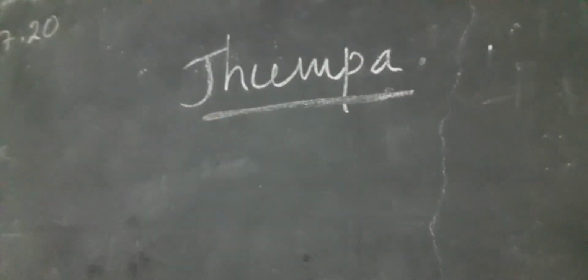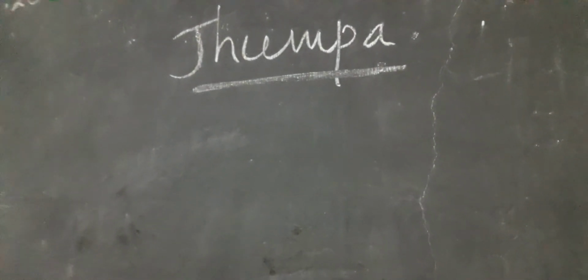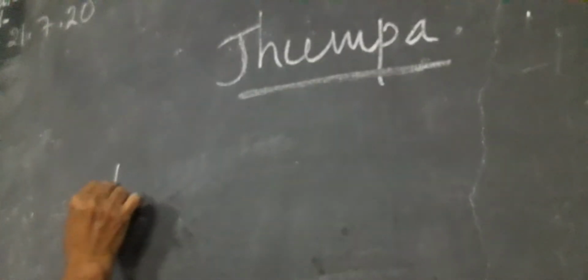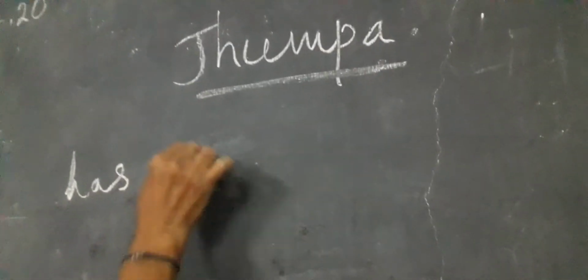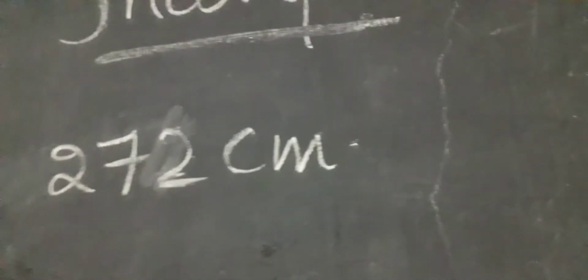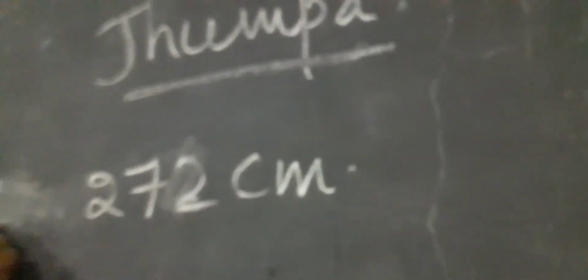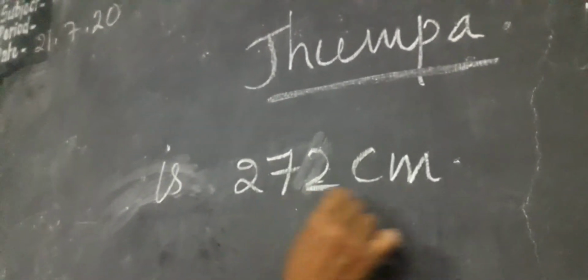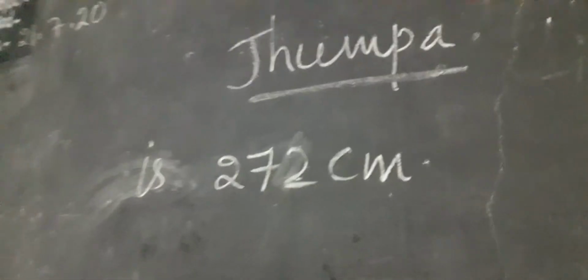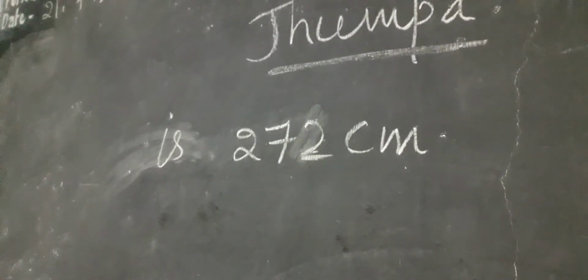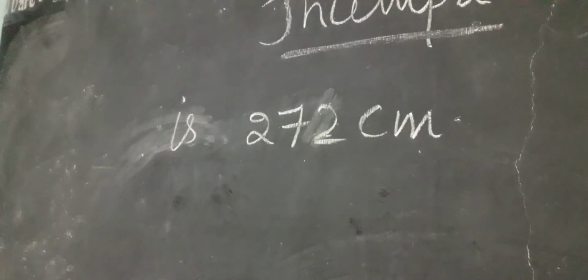Now there is one girl called Jhumpa. She read about the tallest person, who is 272 centimeter tall. The tallest person is double of Jhumpa's height. So what is Jhumpa's height?